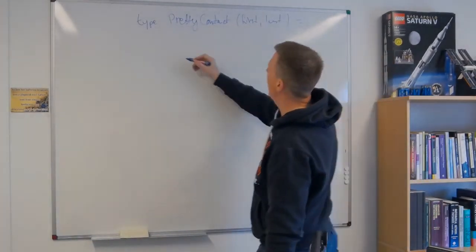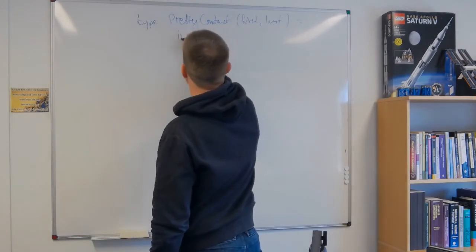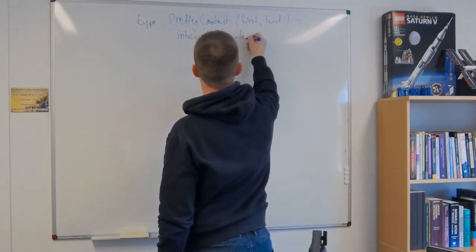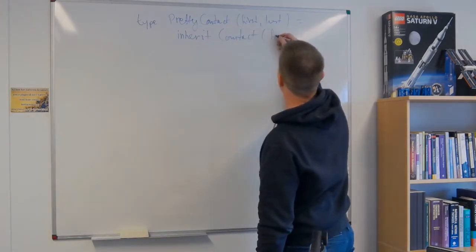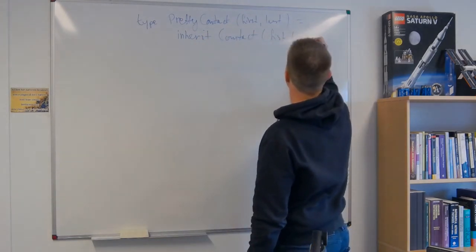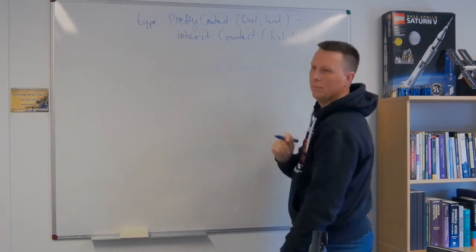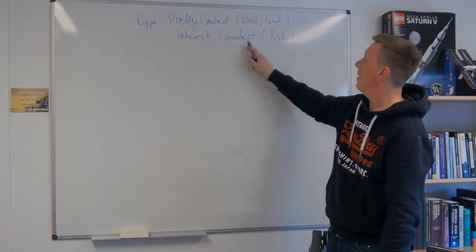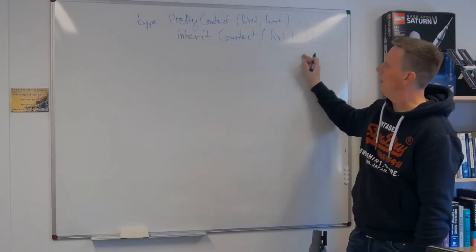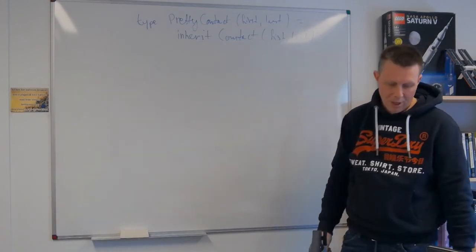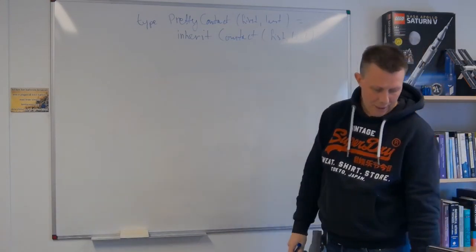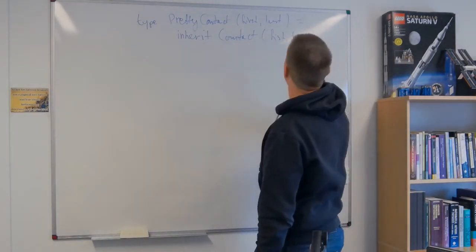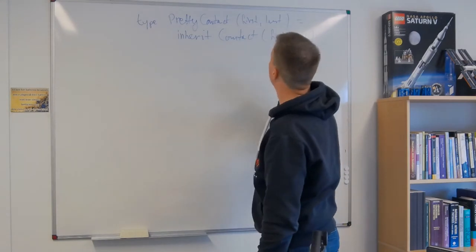And then I say inherit contact first, last. So I need to call, I say inherit, and then I just call the constructor of the class that I'm inheriting from.